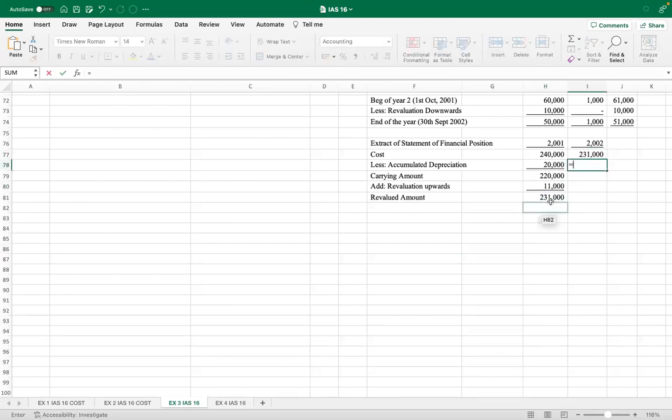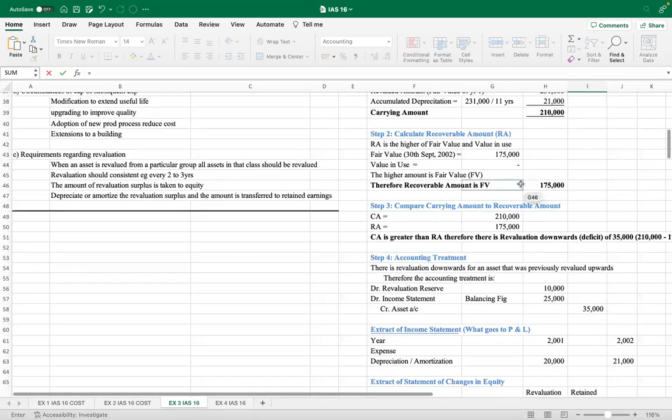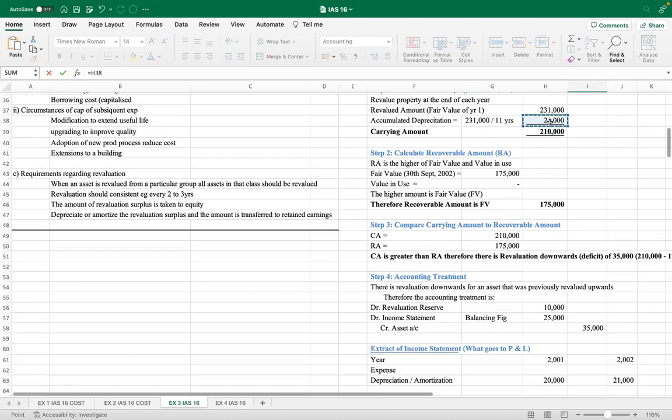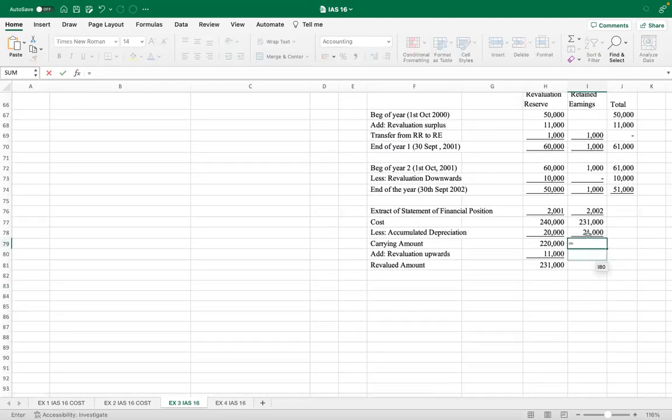And then we deduct depreciation of the second year. Depreciation of the second year is 21,000. To give you 231 minus 21. So gives you 210.